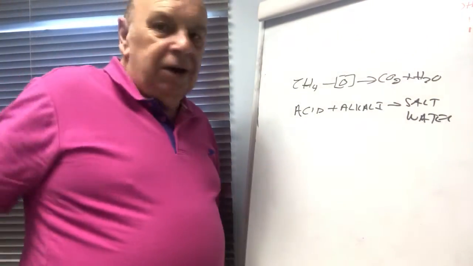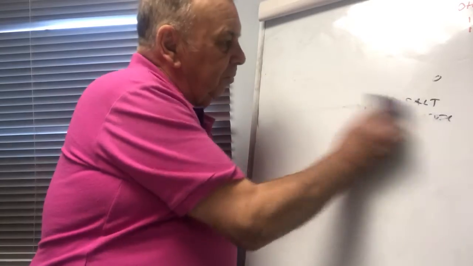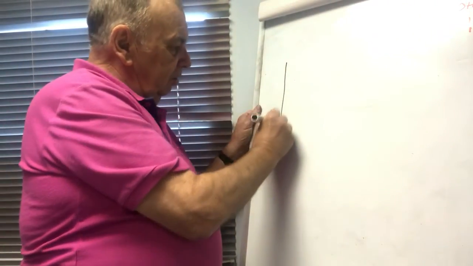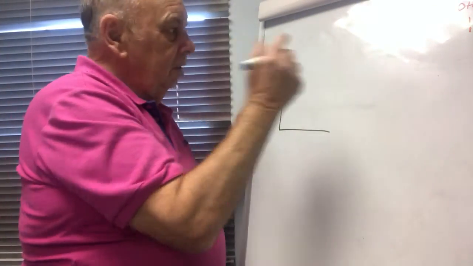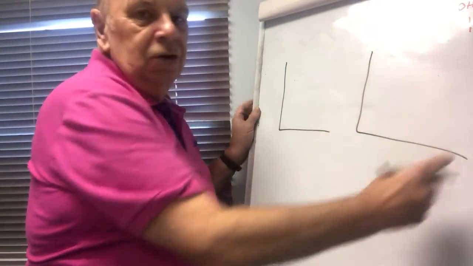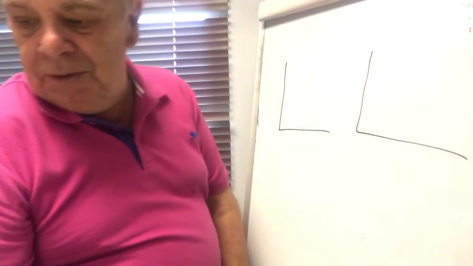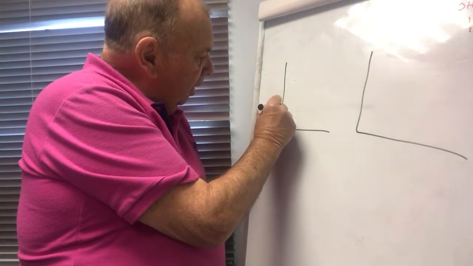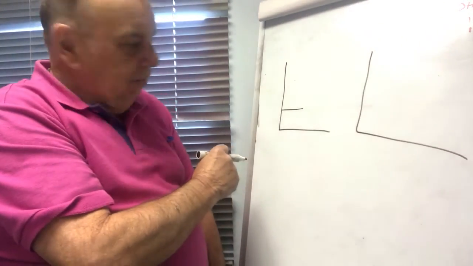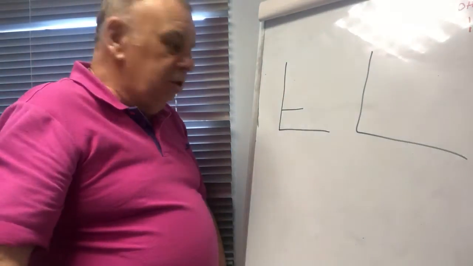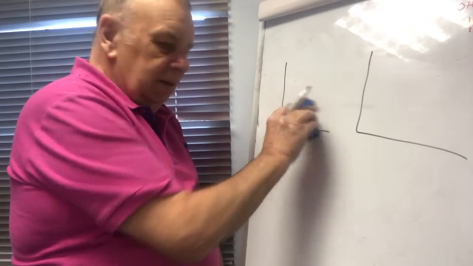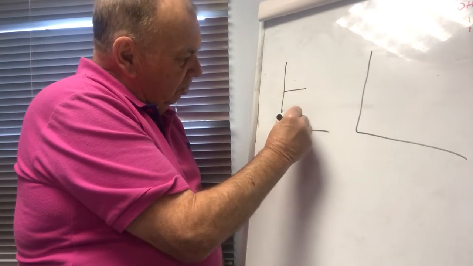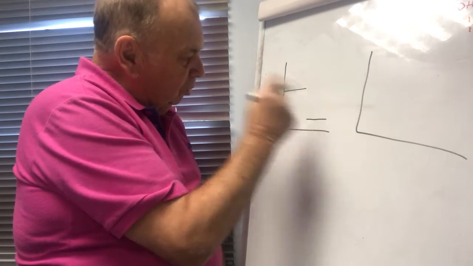Let's look at the reaction profile. Here is profile 1 and here is profile 2. Let's look at an exothermic reaction. There's the reactants, and let me change that diagram. There's the energy of the reactants, there's the energy of the products.